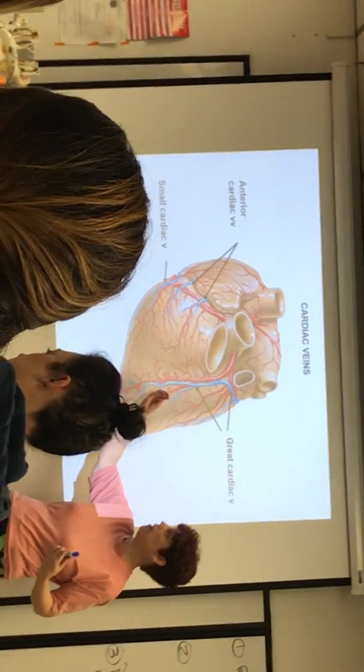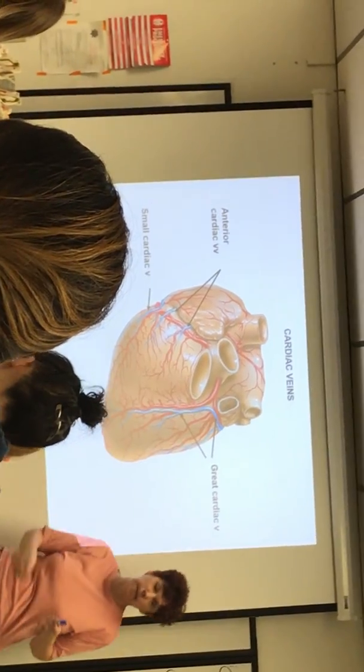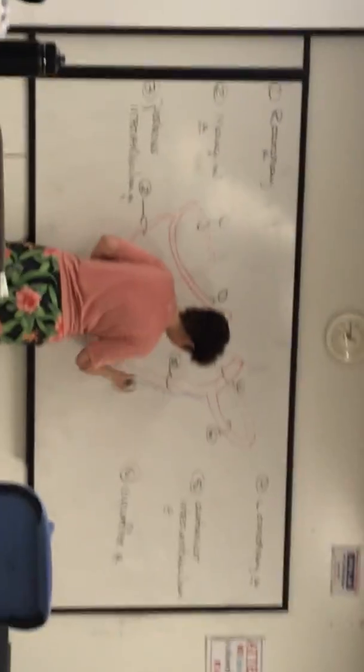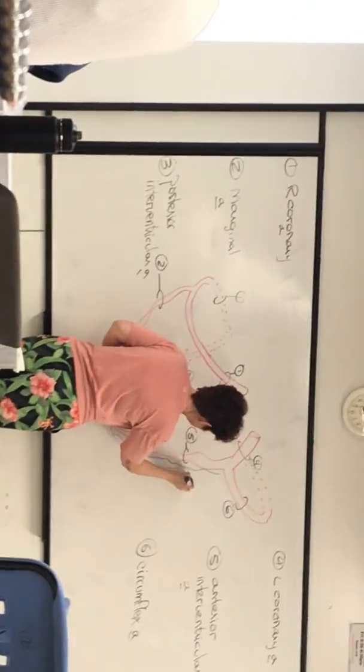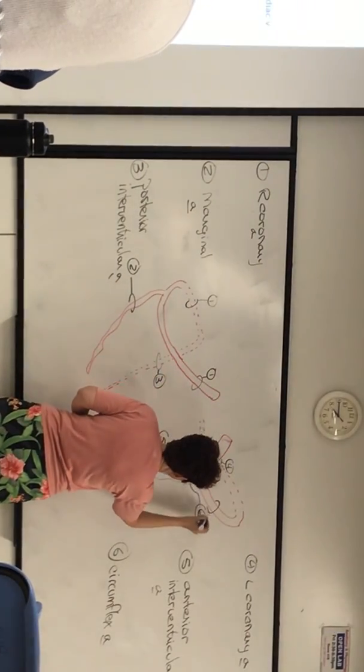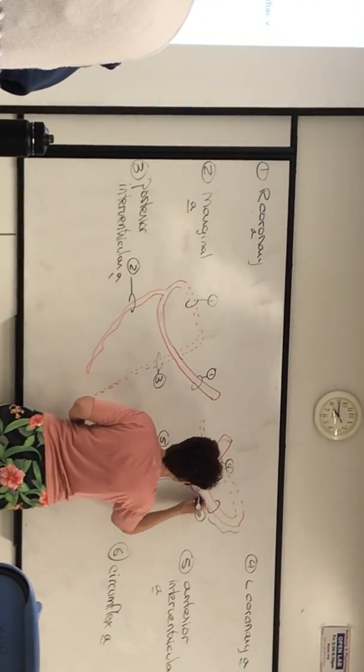So after the heart has used up much of the oxygen in the muscle tissues, the small venules return to the surface of the heart and end up back in the right atrium. So we have the great cardiac vein, and then it's going to travel with the circumflex.